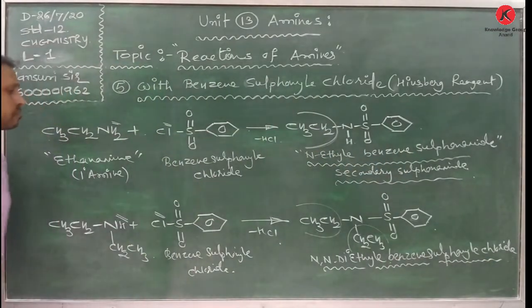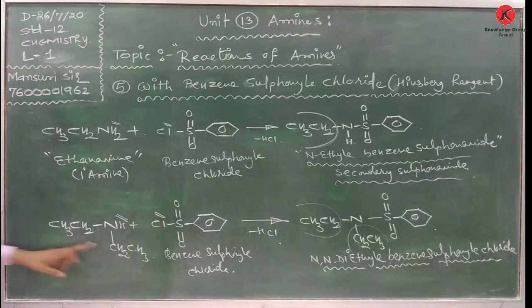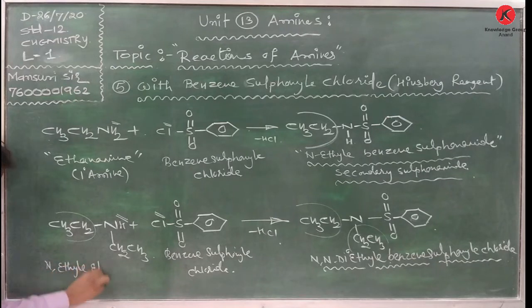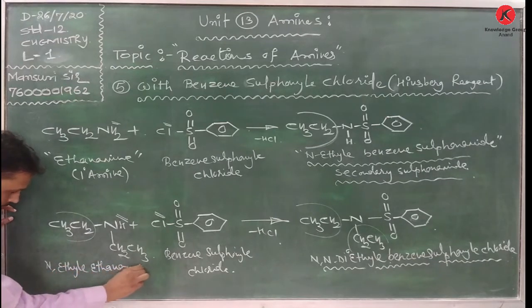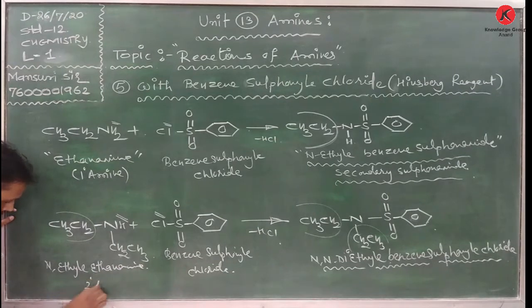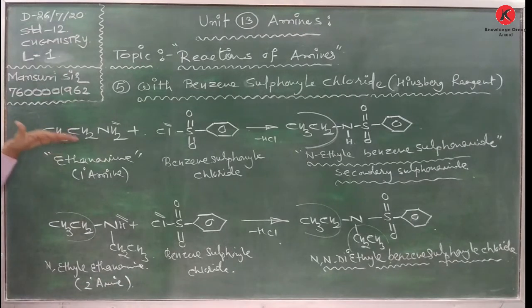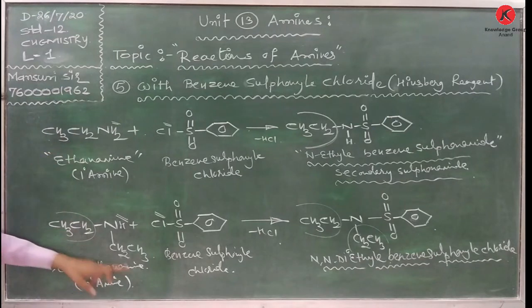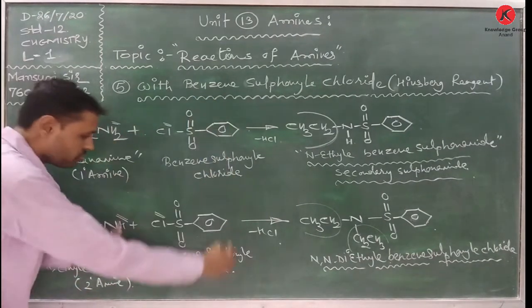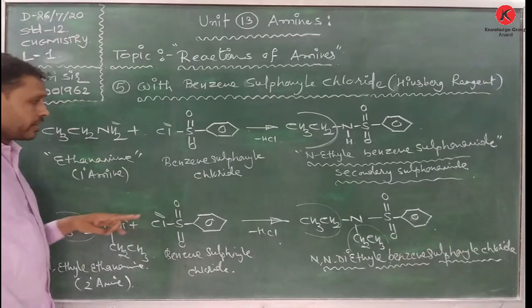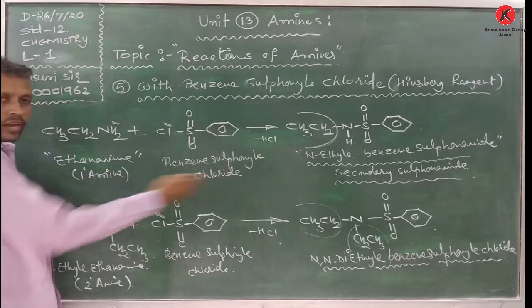Here we can say that primary amine and secondary amine, that is ethylamine and diethylamine, which is N-ethyl ethanamine, a secondary amine, react with Hinsberg reagent, or benzene sulfonyl chloride.